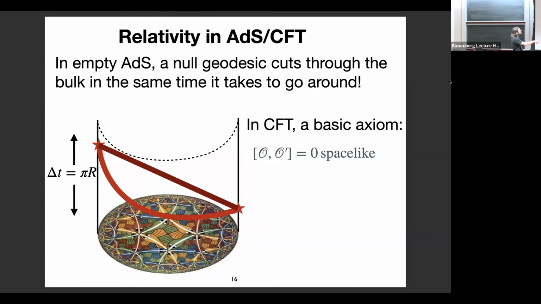And the amazing thing is that it takes exactly the same time to cut through the bulk. You often think of AdS space as being the inside of this kind of soup can. So you might naively think that it should go faster through the middle because it's a shorter length, but the geometry of AdS is such that it takes exactly the same amount of time.